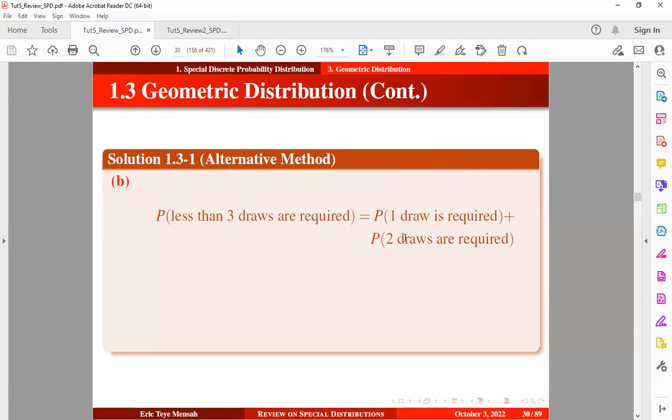For one draw required, we are going to observe zero failures before we obtain our first success. And for two draws required, we are supposed to observe one failure, or one non-defective item, before we observe the success, or defective item. Once you compute this, you obtain this, which is also similar to the result we had under the first case.